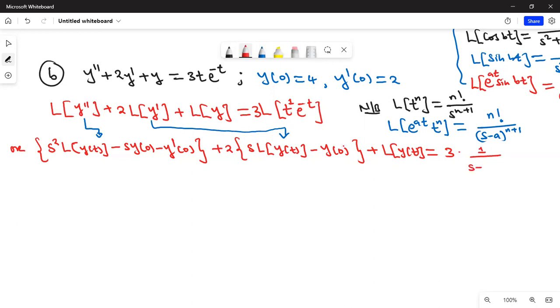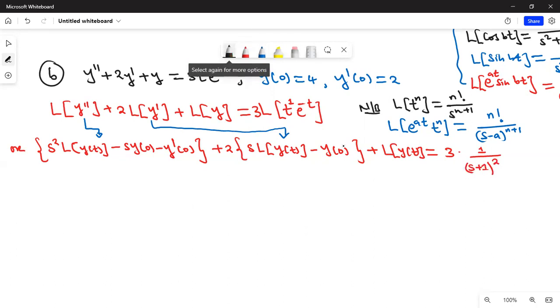So a is negative 1, so that would be s plus 1 raised to 2. S plus 1 raised to n plus 1. Our n is 1, so n plus 1 is 2. That's fine.